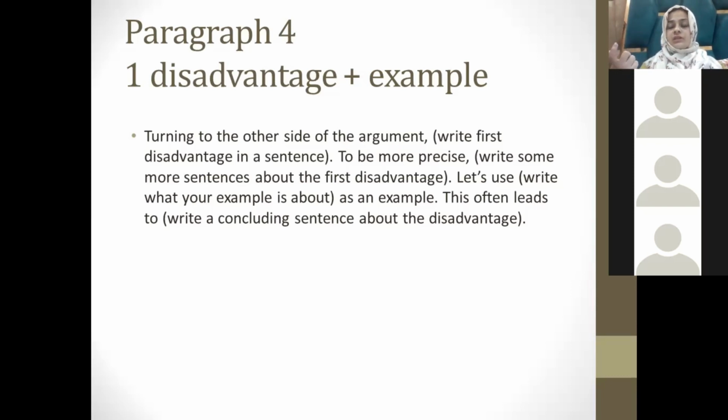For example, the first disadvantage is the increased number of crime rates in the country which is associated in the season when most of the people visit your country or the other countries as well. Now to be more precise, you are going to write first disadvantage, you are going to elaborate some more sentences for the first disadvantage.